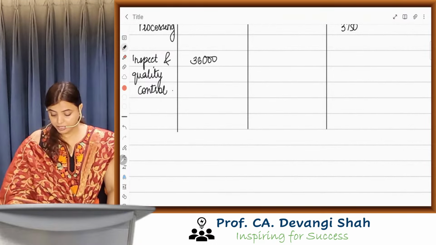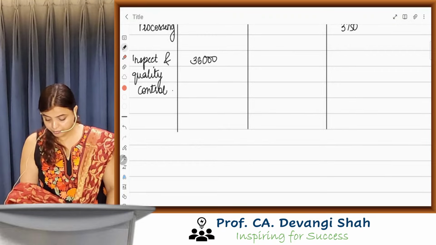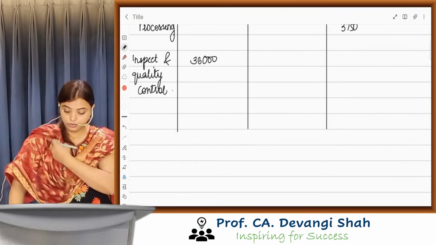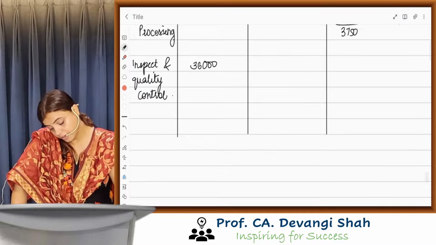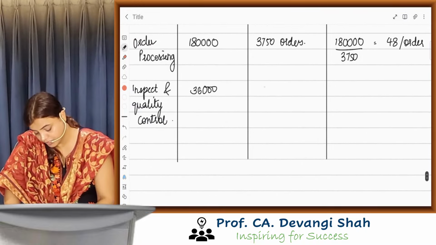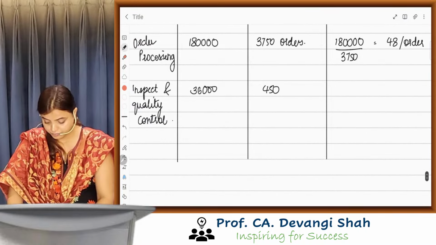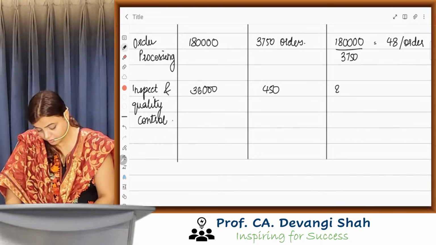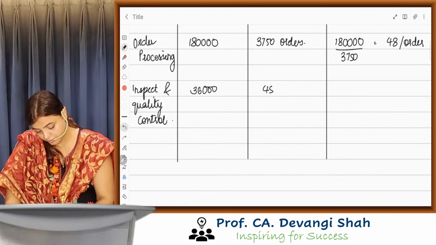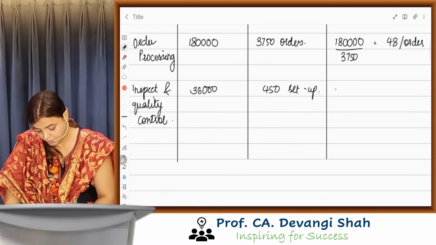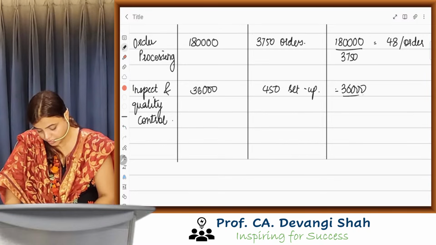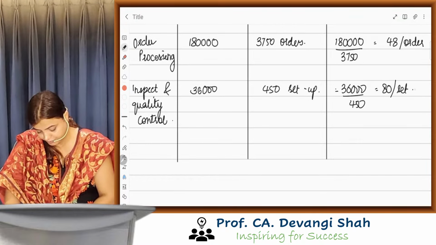For this also we have used the number of setups. So 36,000 divided by the number of setups, which are 450, you get 80 per setup.